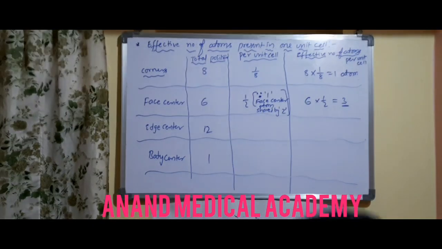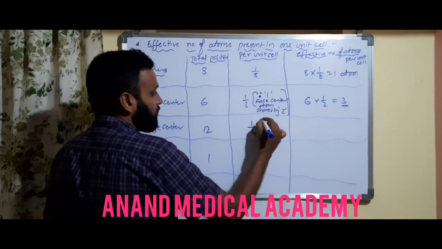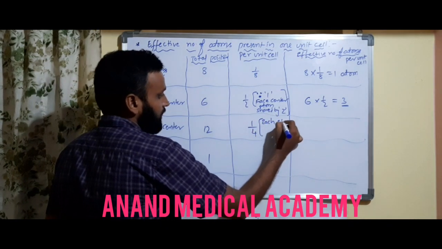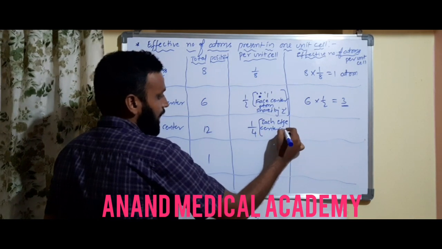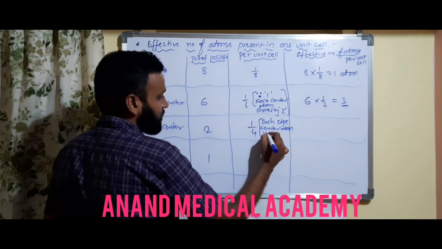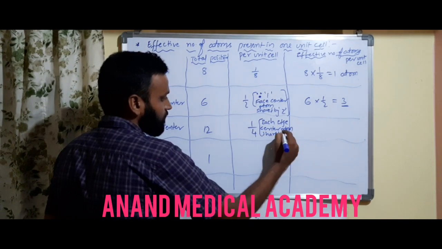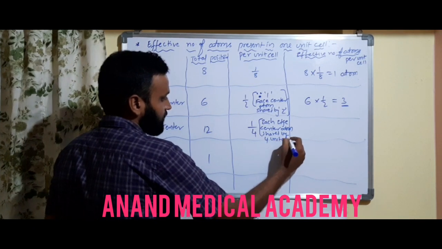So what can you say? Per unit cell contribution, therefore, is 1 by 4, because each edge center atom is shared by 4 unit cells, as I told you.